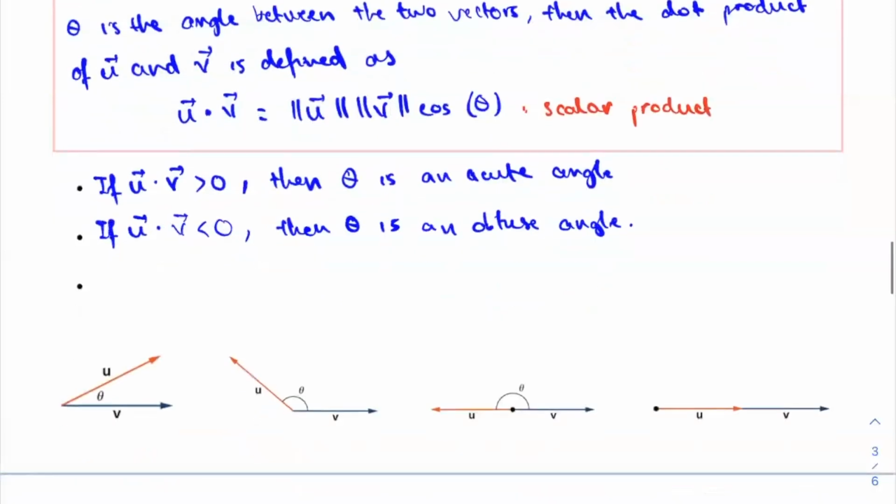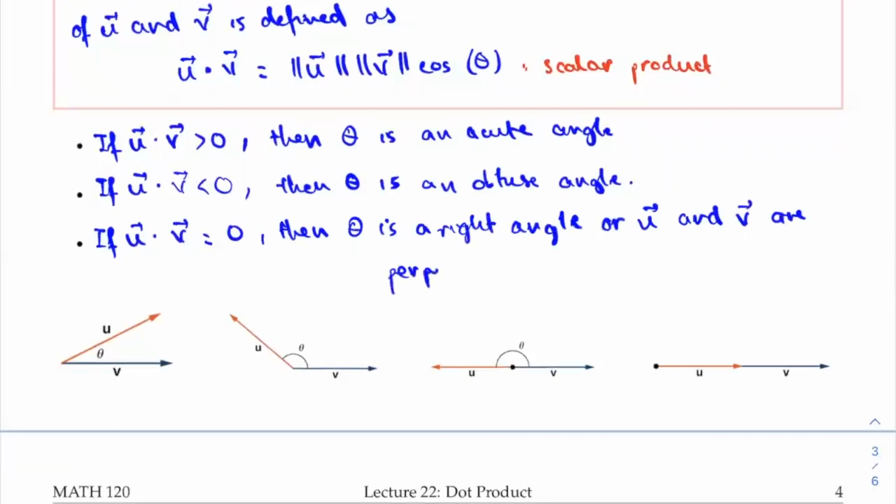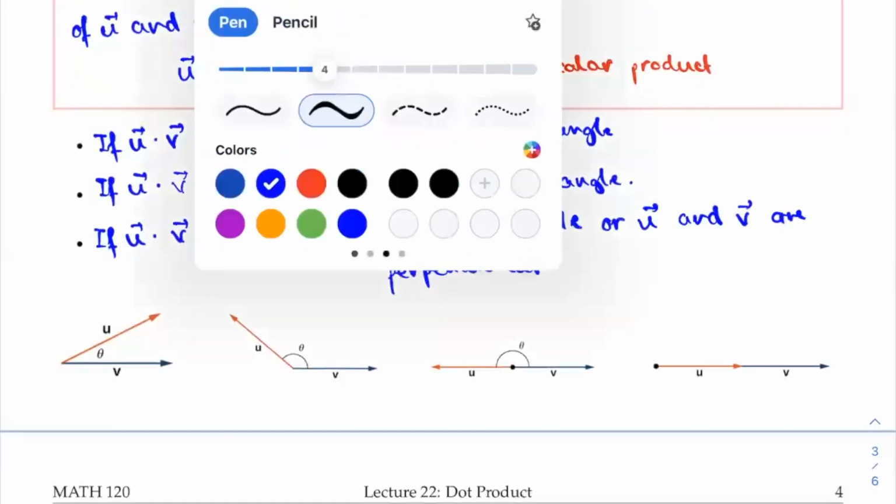And if the dot product is equal to 0, then the angle is a right angle, meaning the two vectors form a 90-degree angle, or u and v are perpendicular. Another name for perpendicular in linear algebra is orthogonal.